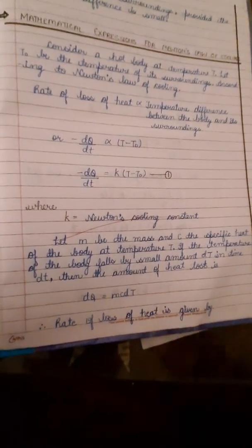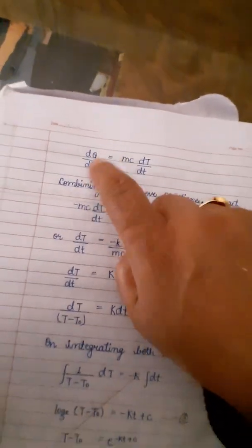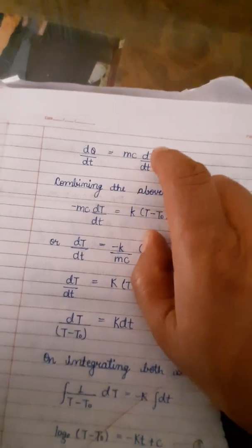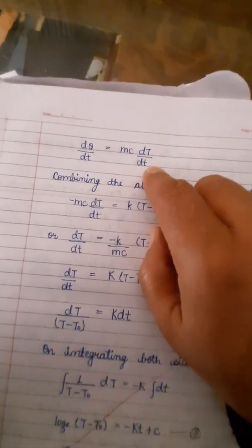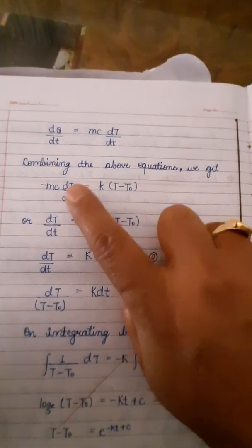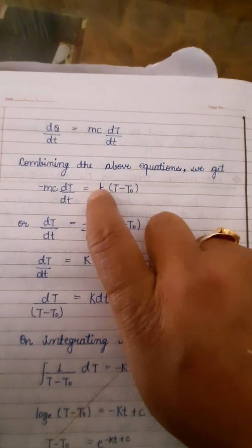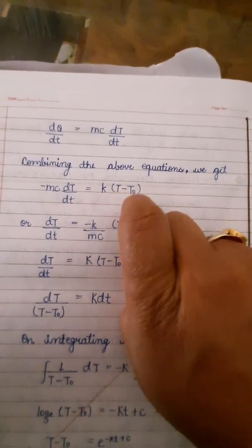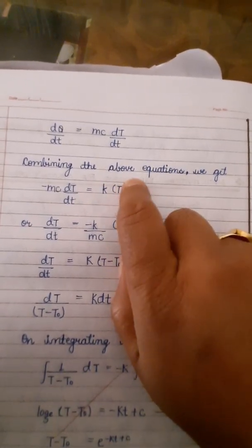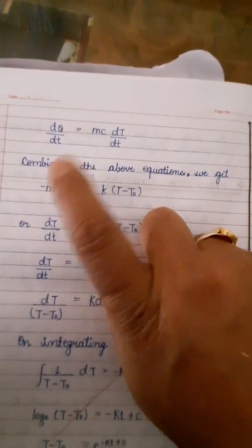But we have to study the rate of loss of heat, given by dQ upon dt, so I am dividing both sides by t. Combining the above equations, it becomes minus M into C into dT upon dt is equal to k into T minus T naught. That is from Newton's cooling law, and this is from specific heat capacity.